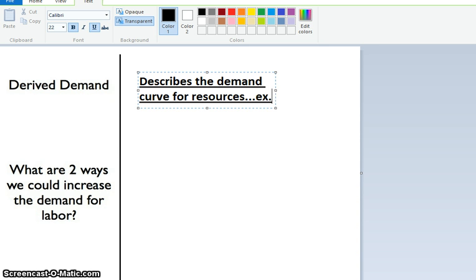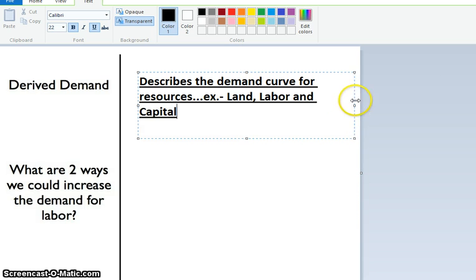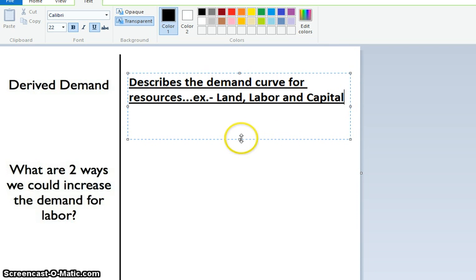Examples include land, labor, and capital. Alright? So it derives from something else. It comes from the productivity of the worker or the machine, as well as the price of the output. In the case of the worksheet, the yo-yos.